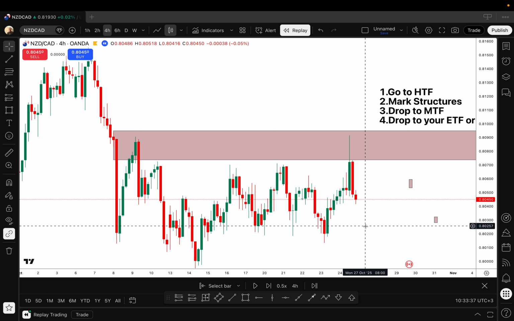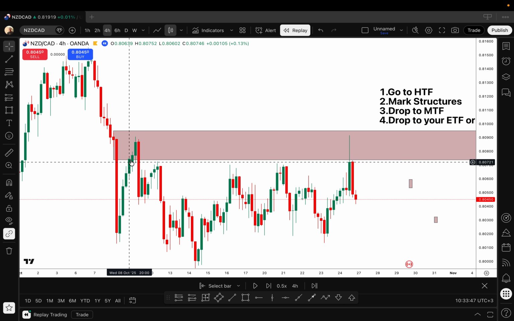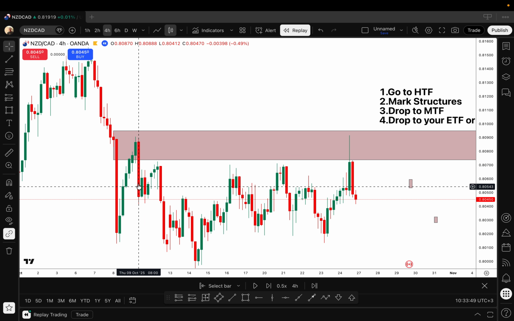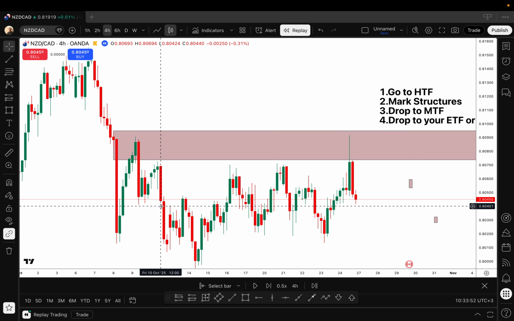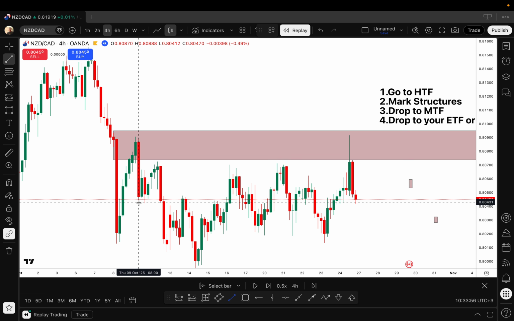Now, according to the way I trade right now, I should be able to be in this trade. Why? Because I can see there is a change of character here, rally, drop, base, rally, there's a change of character here, then there is a clear break of structure here. Let me just mark them such that you guys can see.